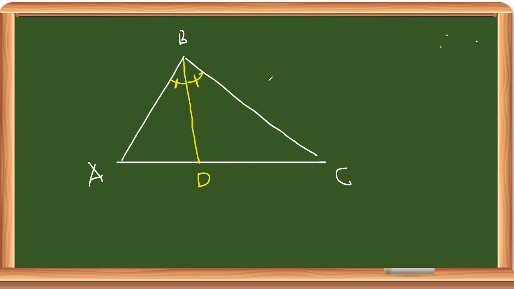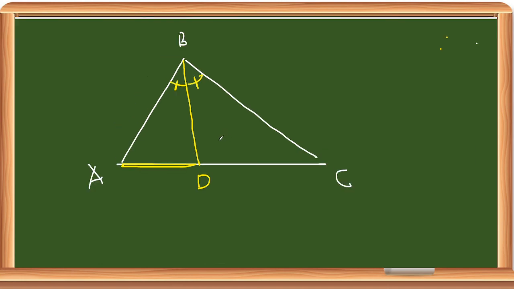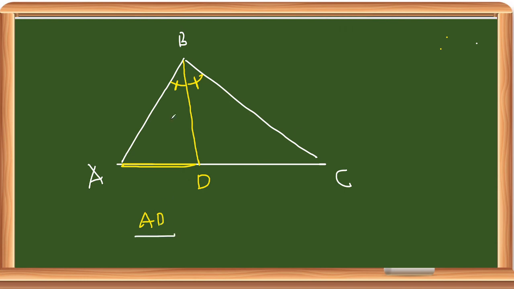Now, let's have this one as D. Okay, in this case, etong segment na to, over this side of the triangle, so we have AD over this one, AB, would be equal, no?